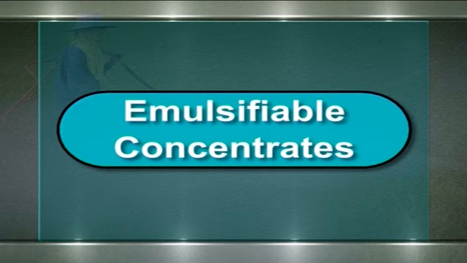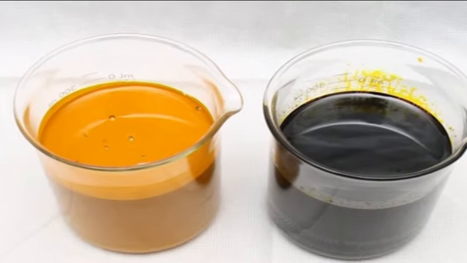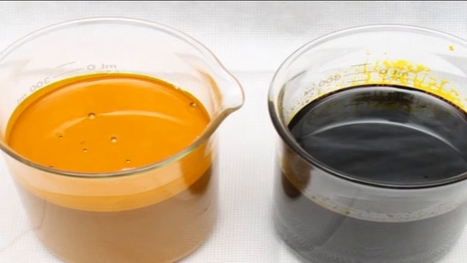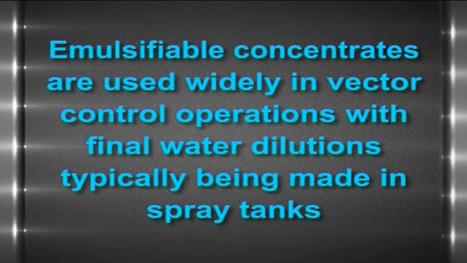Emulsifiable concentrates. These chemicals consist of concentrated oil solutions of technical grade pesticide combined with an emulsifier added to permit further mixing with water. Emulsifiers are detergent-like materials that allow the suspension of very small oil droplets in water to form an emulsion.